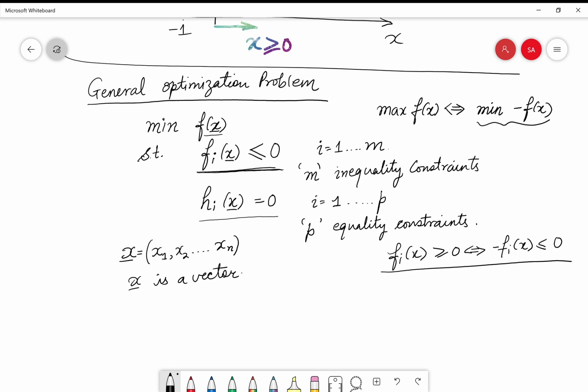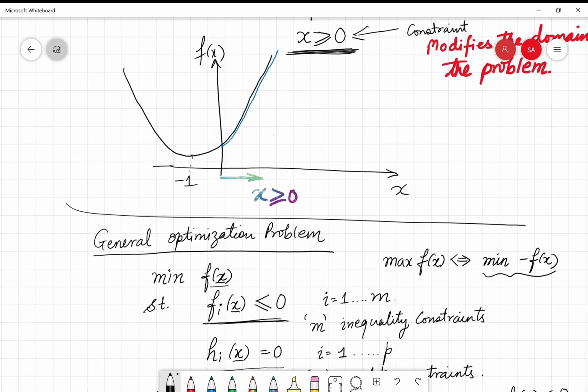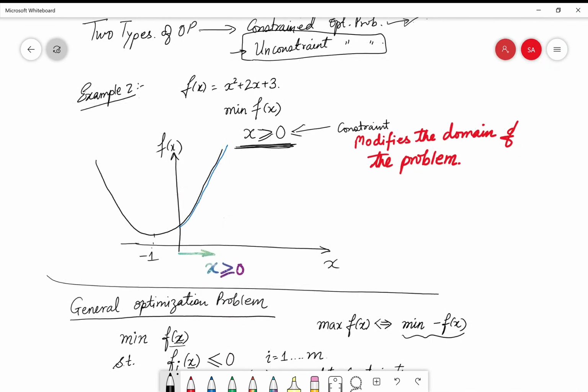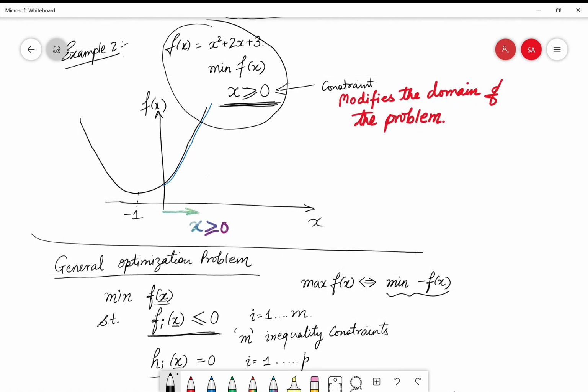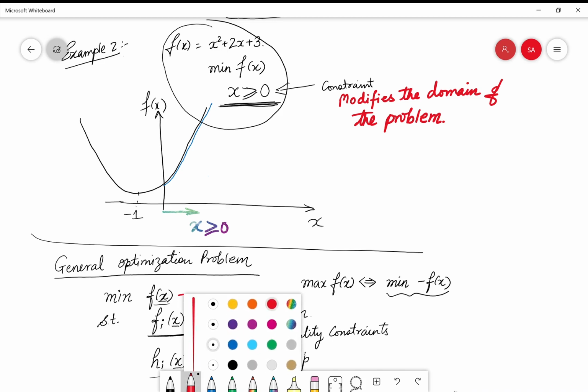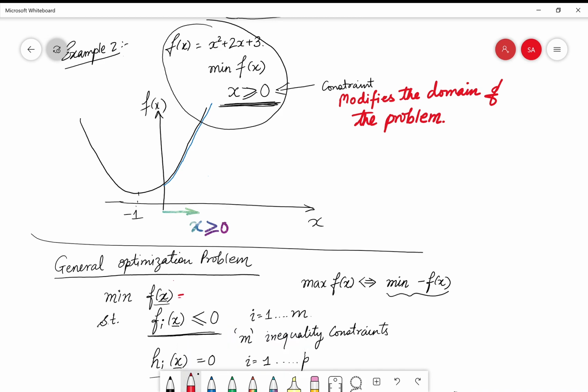So if you compare this problem with our earlier one, f of x is the same, x square plus 2x plus 3. And the fi of x I had was x greater than or equal to 0.